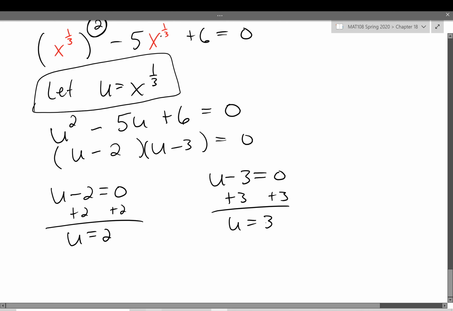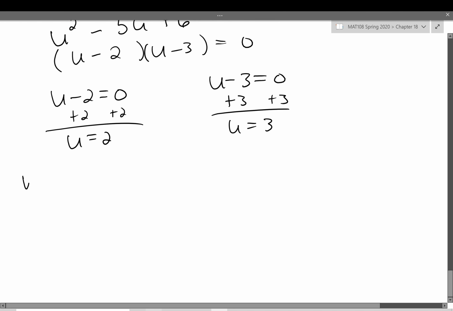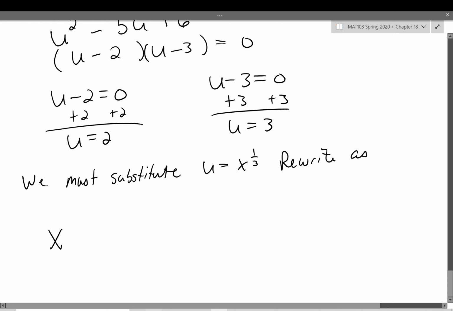But now we must substitute, just like we did in the previous problem, u equals x to the 1/3, all right? So I'm going to rewrite as x to the 1/3 equals 2, or x to the 1/3 equals 3.